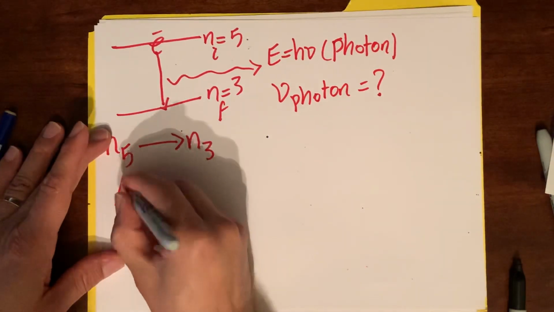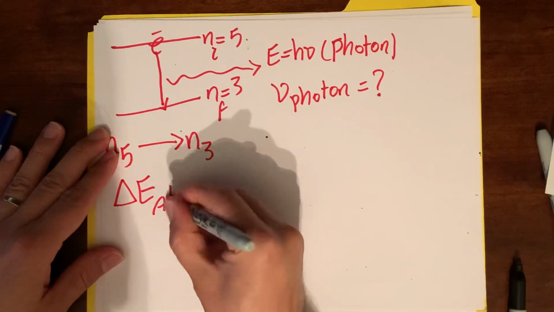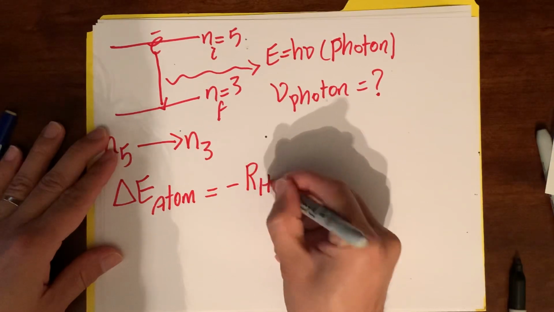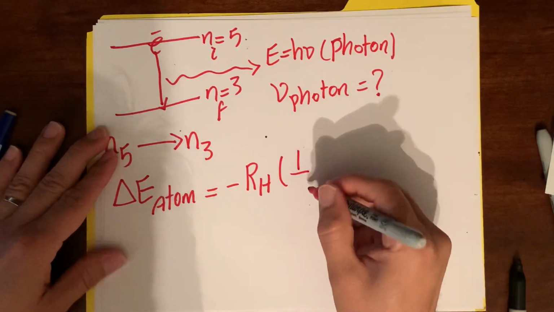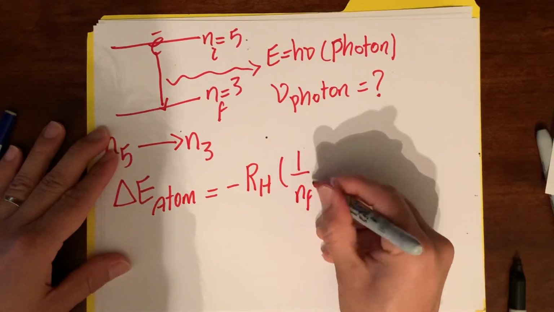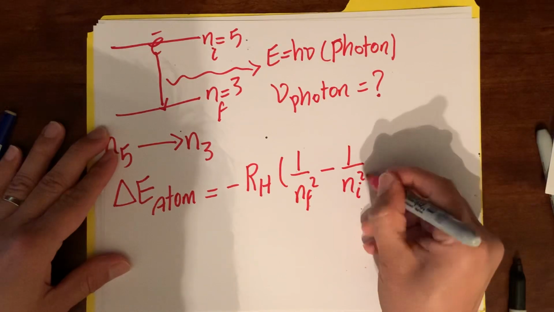We go with delta E for the atom equal to minus RH, 1 over final n to the second minus initial n to the second.